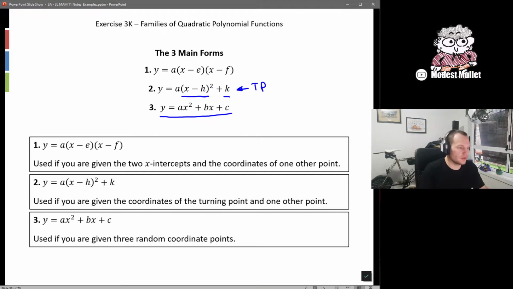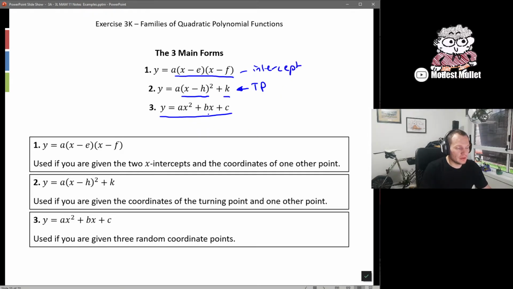And I'll get to why that's called turning point in a second. And then we have also our other really familiar one when we've fully factorized it, and we have x minus e in brackets, x minus f in brackets, and we know that those two, using the null factor law, e and f become our x intercepts. So of course we call this the intercept form.